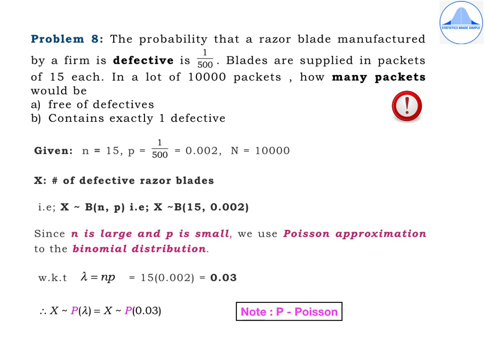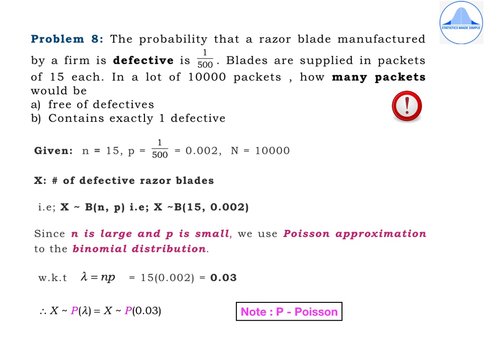The next step is to define capital X as number of defective razor blades. And in the form of notations, you'll write that capital X follows binomial n comma p, or X follows binomial 15 comma 0.002. Now you see that in this problem n is large and p is small, so we use Poisson approximation to the binomial distribution.